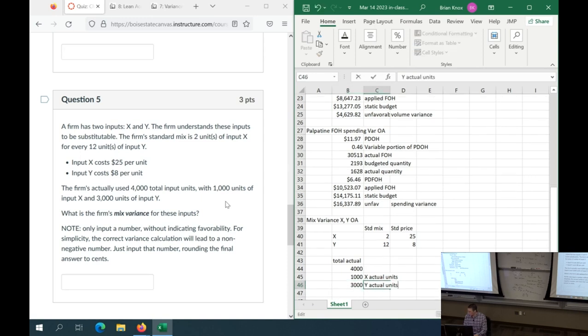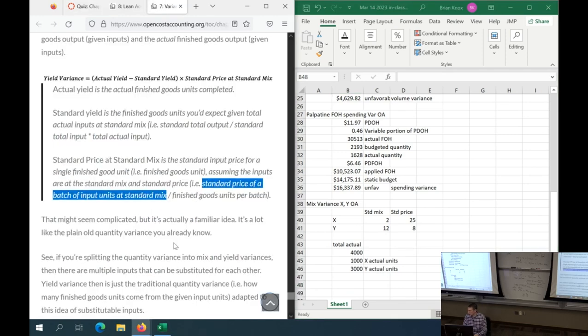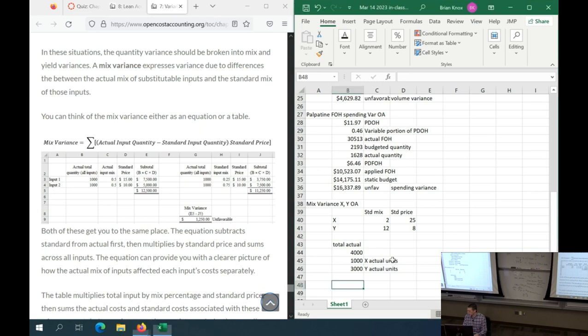So what I want to do to get the mix variance, because that's what it's asking for, is build that table. I want to recreate this table right here. This is our total actual inputs. We actually input 1,000 X units and 3,000 Y units. We varied from the standard mix. The standard mix is 2 to 12, which simplifies to 1 to 6.